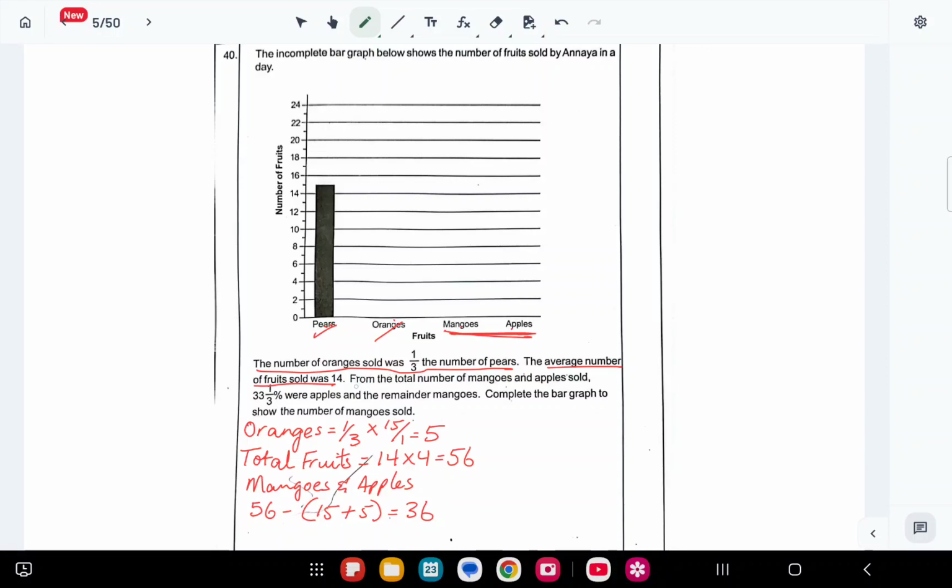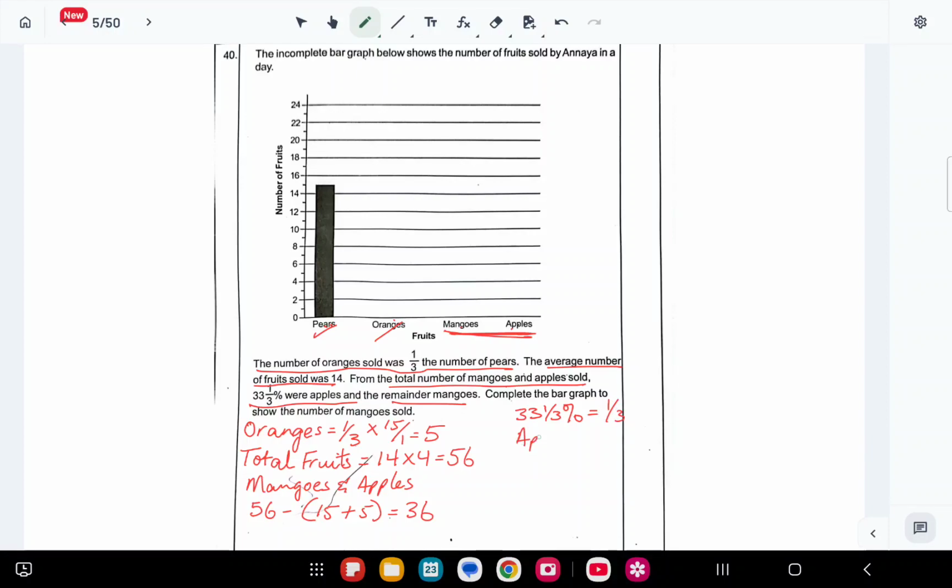They said here now, from the total number of mangoes and apples sold, which we just worked out to be 36, they said 33 1/3% were apples and the remainder were mangoes. So let's calculate the apples. 33 1/3% we know as a fraction is 1/3.